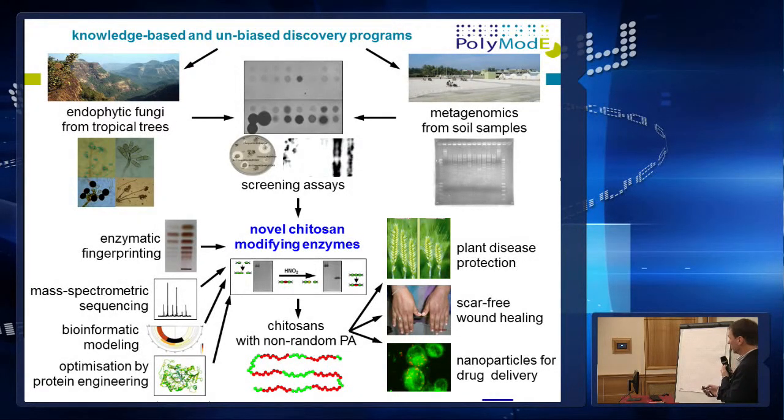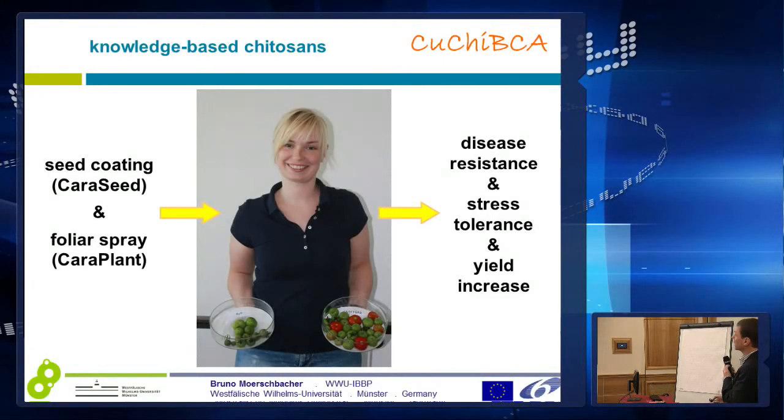As the result of these three European projects, we started the first public-private partnership in the German project, which is called the Chi-Cookie BCA project, where the Chi stands for chitosans, our very specific defined chitosans.